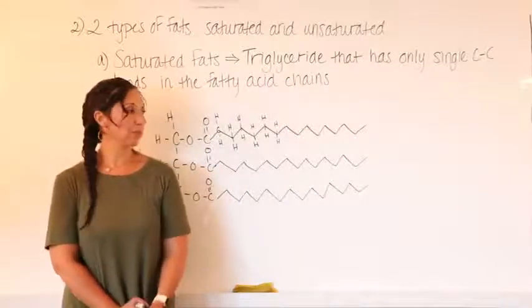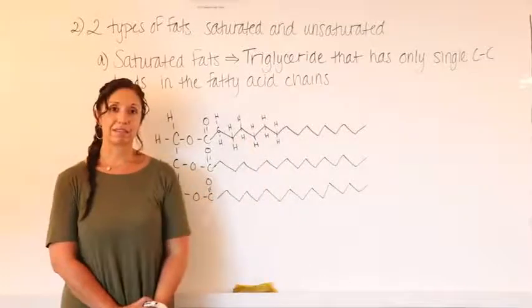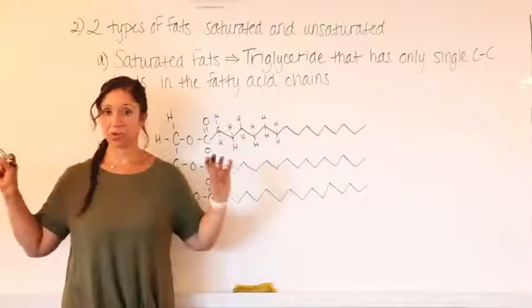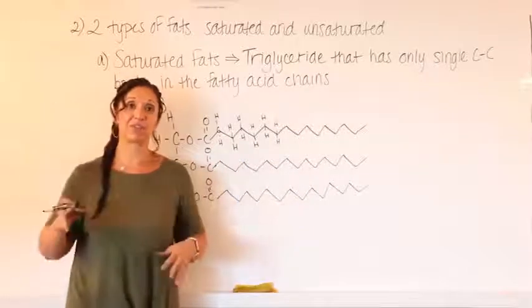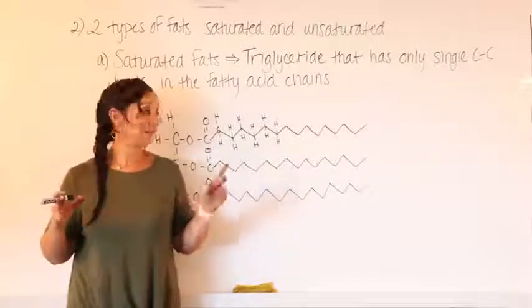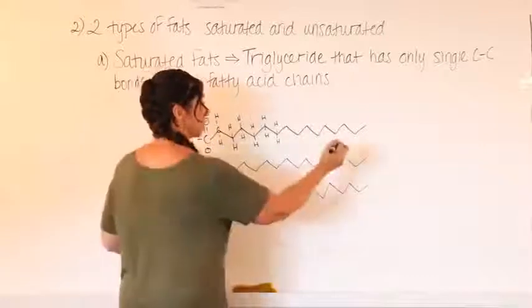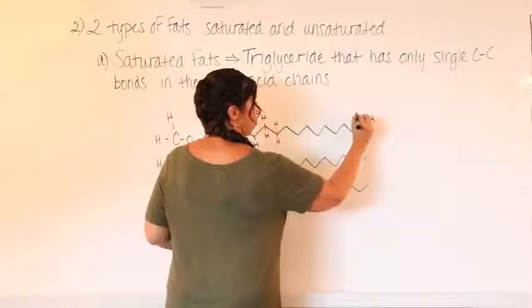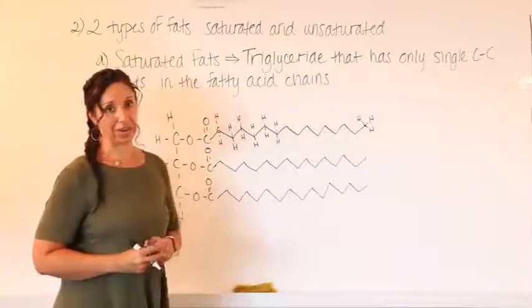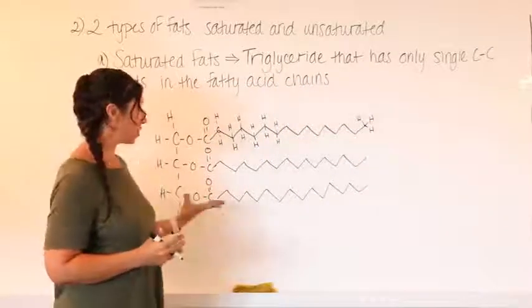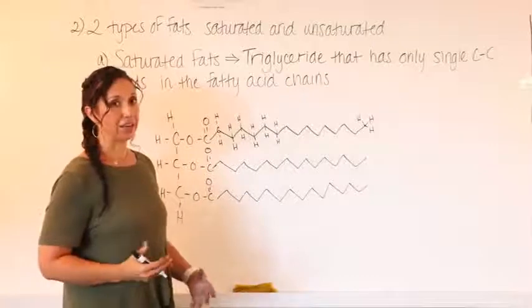So every carbon within the chain is surrounded. It's either holding another carbon, or if it's not holding a carbon, it's surrounded by hydrogens. You have 2 hydrogens on the carbons in the middle, and then this one would have 3 at the very end. Every carbon is saturated in hydrogen. So if I were to draw that in shorthand, you're going to love me for this one.